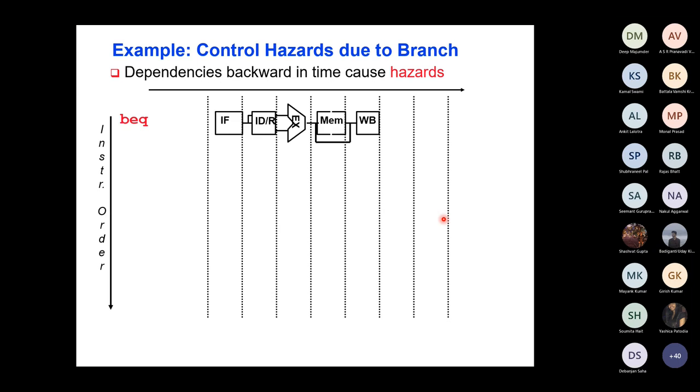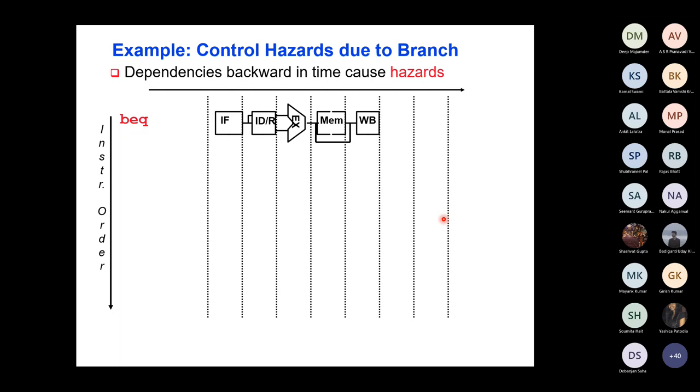Okay, so let us look into this branch EQ instruction. You are comparing the contents of two registers. At what instant of time would this be known? There are two things. One is the computation of the outcome, and then the program counter has to be updated accordingly. The PC update hardware is needed.